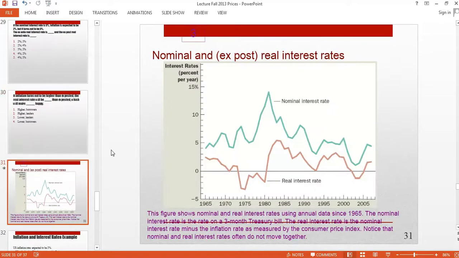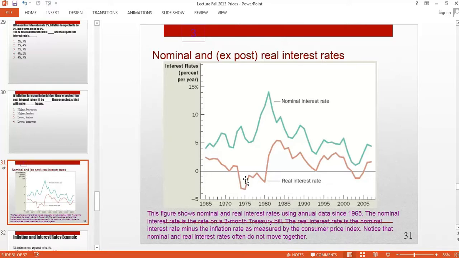What do we tend to see out there when we look at this kind of thing? Nominal interest rates move up and down for a variety of reasons, and we'll talk about Federal Reserve policy and so on later. But if we compare what happened to the nominal interest rate to what happened to the real interest rate, we see that the real interest rate swings around as well.